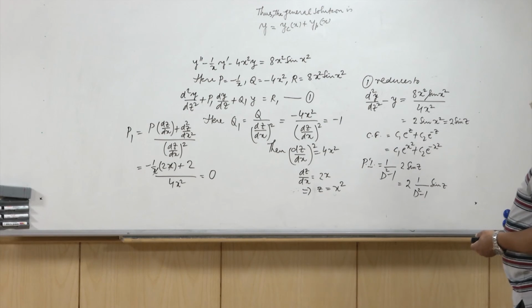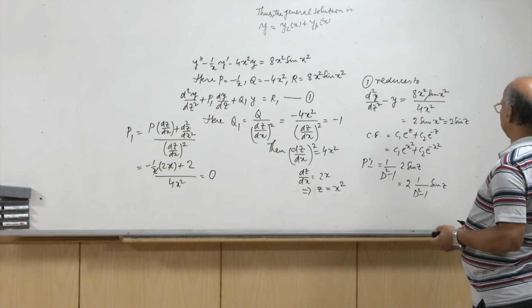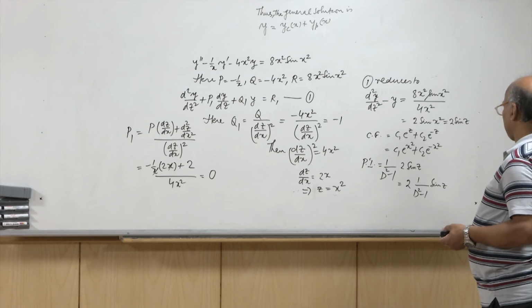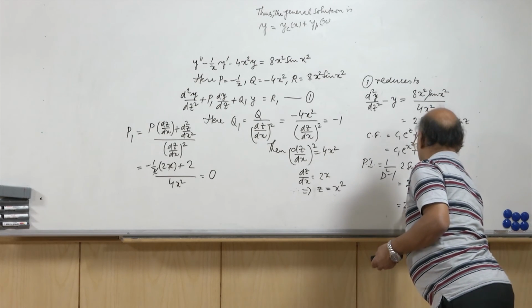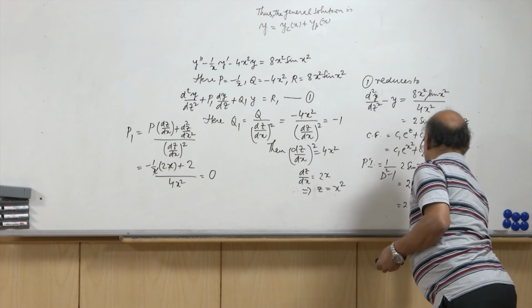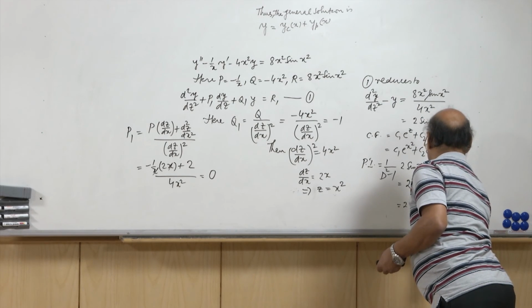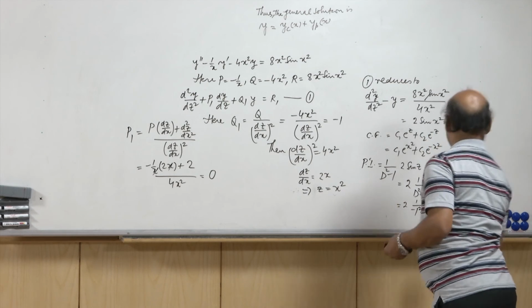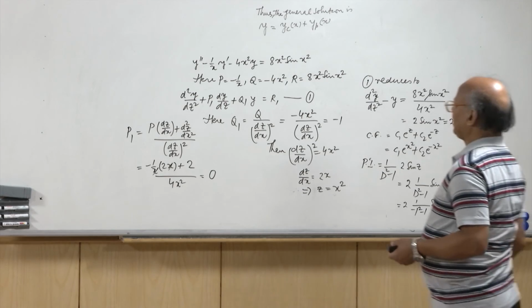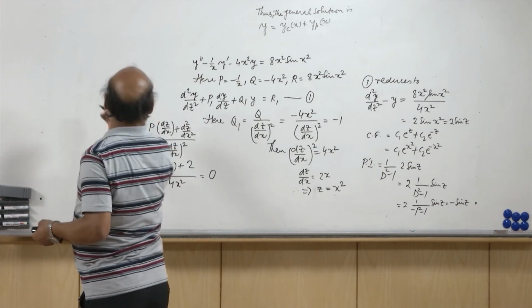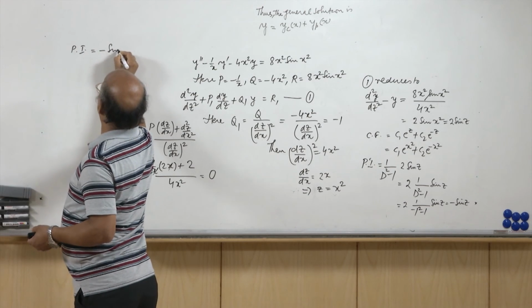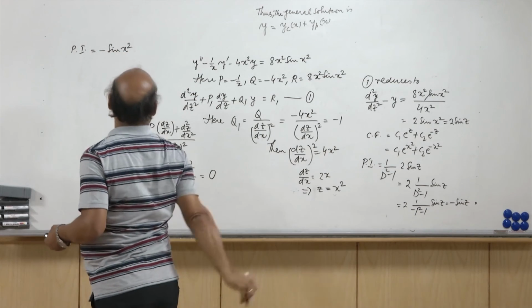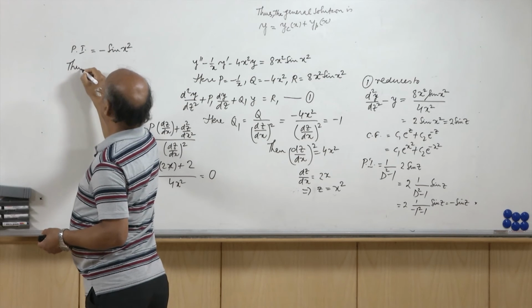So, when 1 over D square plus alpha square operates on sin z, we replace D square by minus a square. So, this will be 2 times 1 over minus 1 square minus 1 sin z. This is minus sin z. Okay, so we have got the particular solution as minus sin x square.